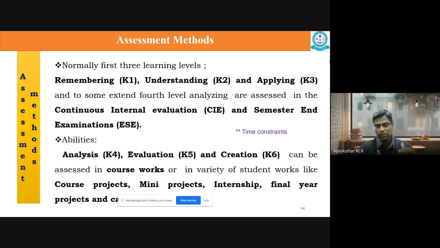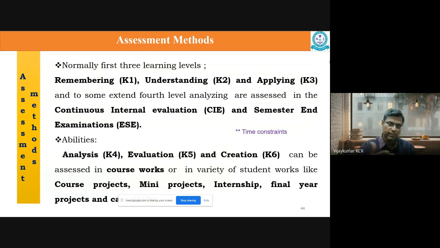But at the higher level, when the learners' maturity is attained over the years, maybe third year or final year, we can go with the theory courses with K4, K5, K6 questions. Many people say open-ended questions are asked in the question paper.